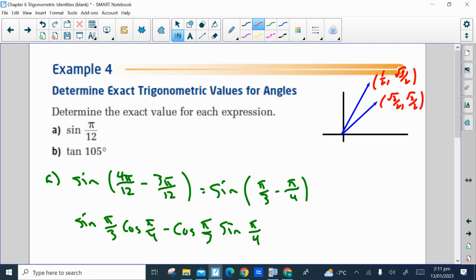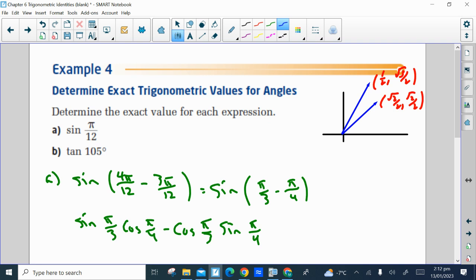And remember, you can get these from that hand trick. All the coordinates have denominators of 2, so at pi on 4, you put down the middle finger. It's just the root of this many fingers over 2, comma, the root of this many fingers over 2. So that's our root 2 on 2, comma, root 2 on 2. And at pi on 3, put down that finger. It's the root of this many fingers, root of 1, which is 1 over 2, comma, root 3 over 2.